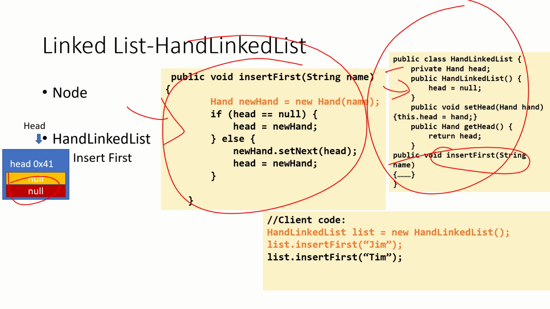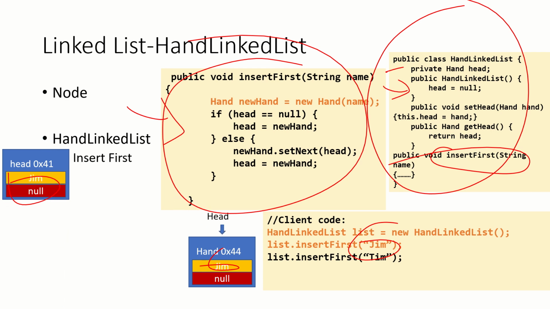Okay, insert first method. The first line, we create a new head, right? And give a name. Name is Jane, right? So right now you have Jane. As first beginning, the hand will point to nothing, right? Okay, then go to the if statement. The if statement will say whether head is equal to none.